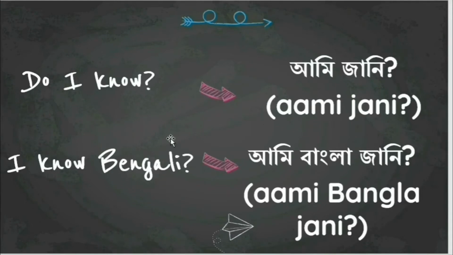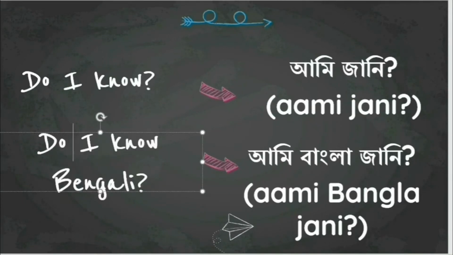If we want to add an object, then it will be, oh, I should have do here, do I know Bengali, then it will be Ami Bangla Jani, right?